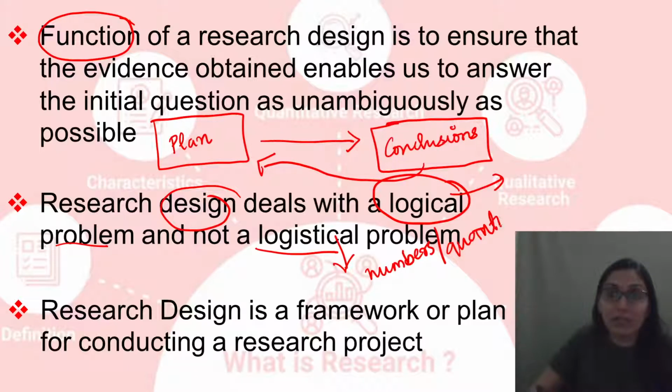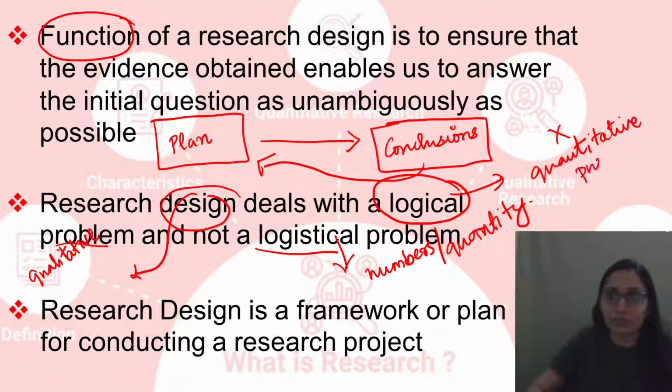So, from this what we understand is that the research design, it is to meet a qualitative purpose, not a quantitative purpose. Okay. So, the research design, it deals with logical problem and not a logistical problem.